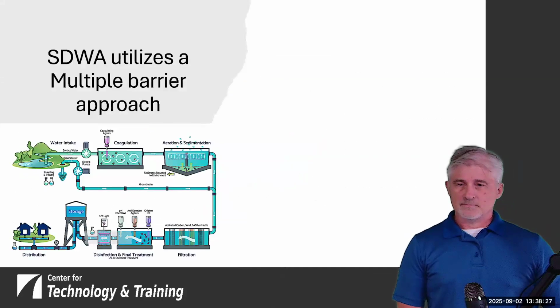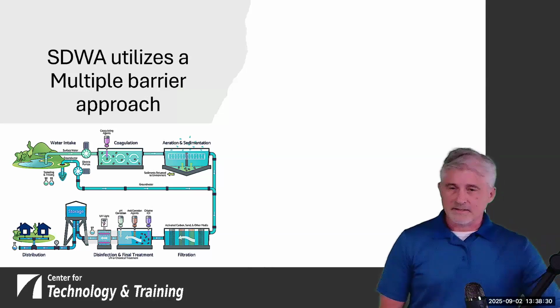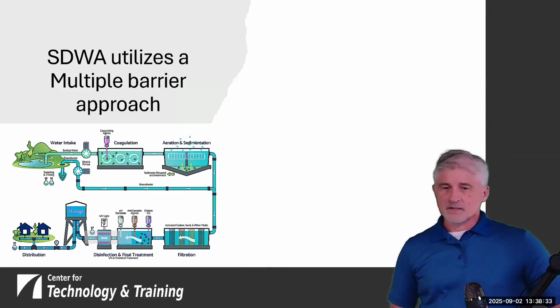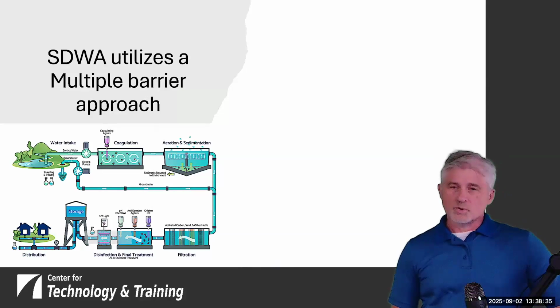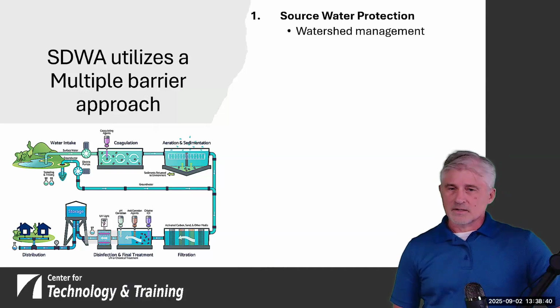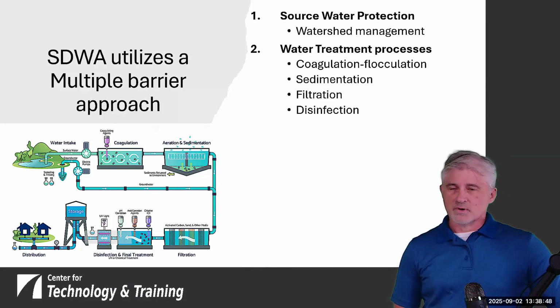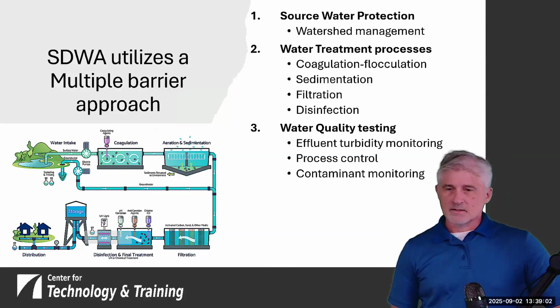So that brings up the idea mentioned previously, of the multi-barrier approach. We started in this discussion with source water protection and watershed management. As we go through this, Greg will talk later today about water treatment processes. That's a second barrier that we have to make sure that our surface water is safe to drink.